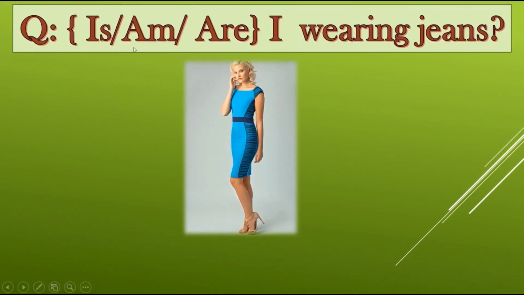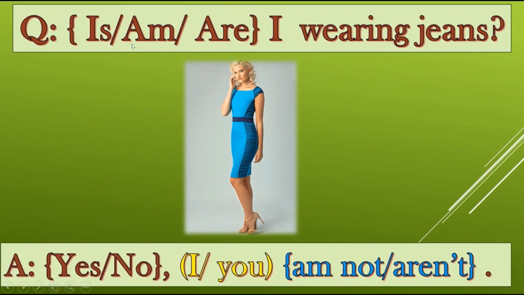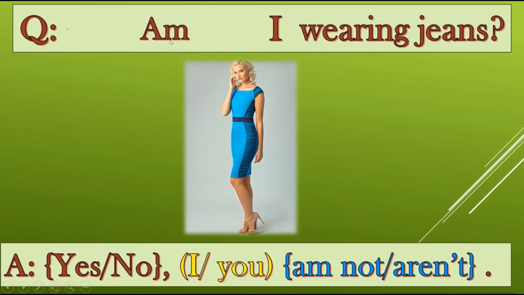Okay? Next, let's have another example. Here we have, are I wearing jeans? So, what is the correct question word? Remember, what is the subject here? The subject is I. So, the question word should be am. Am I wearing jeans? Look at her. Is she wearing jeans? Yes or no? The answer is no. Okay? So what would be the subject?